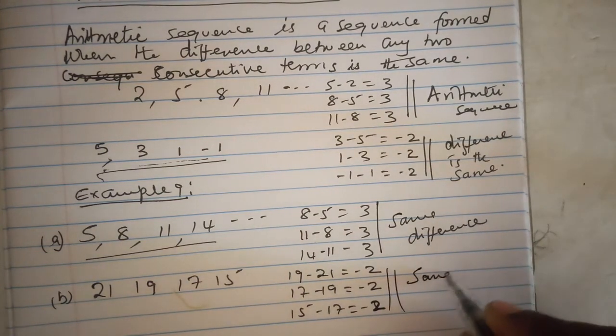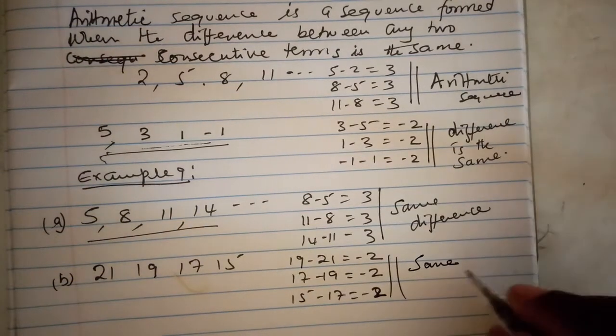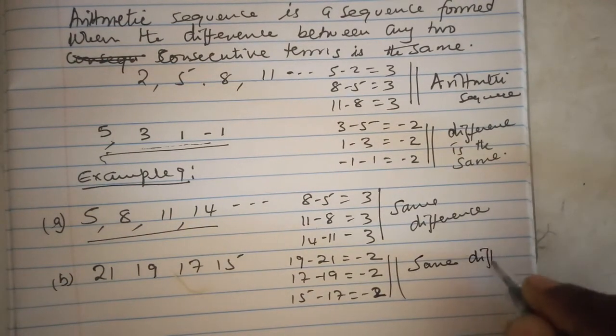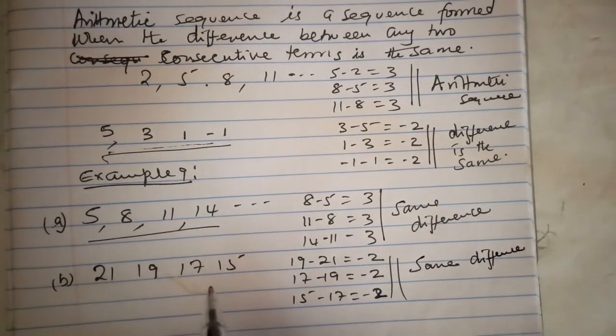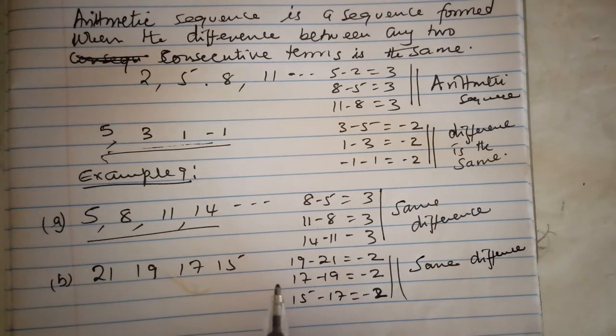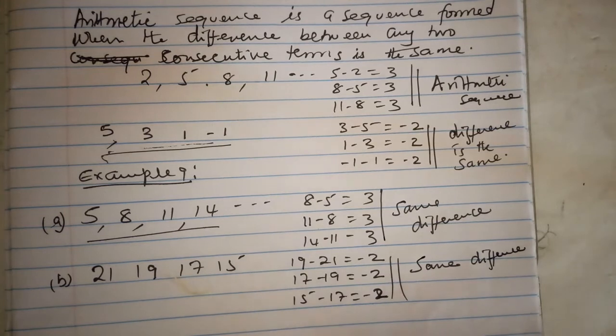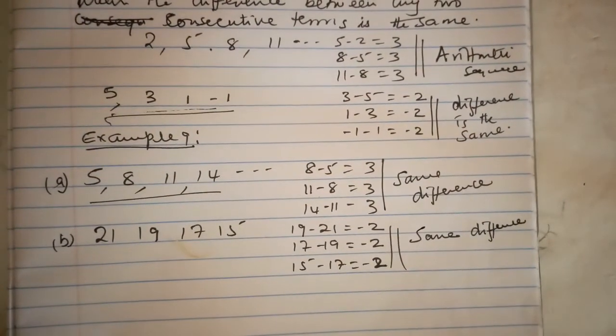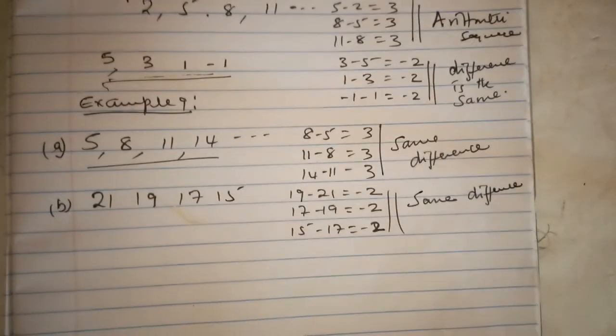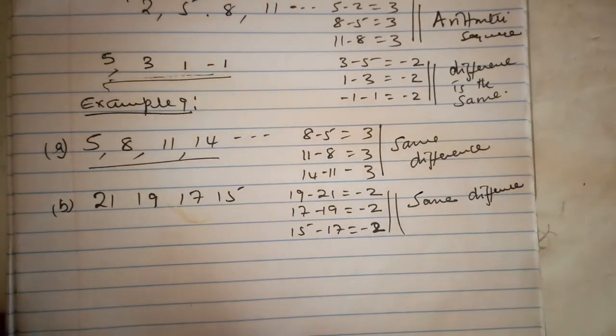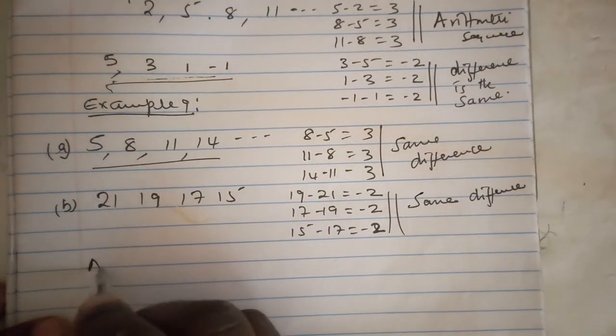Again, we can see the same difference, so even this one is an arithmetic sequence. And of course, we need to go further and find out, if it is an arithmetic sequence, what do they have in common? At that point, we can start talking about notation.